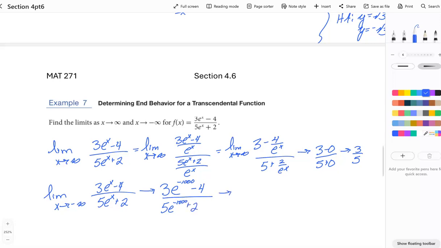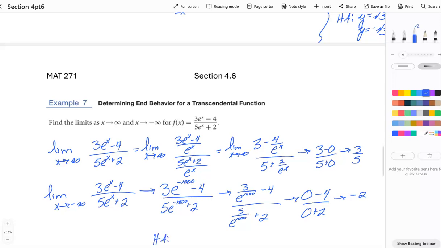And if I have a negative exponent, isn't that the same thing as moving that term to the denominator? So think about this guy, we're smaller, negative 1 million, negative 1 billion. Then that denominator is going to get larger and larger, so that piece is going to 0. So this is going to 0 minus 4 over 0 plus 2, which is heading to negative 4 over 2, which is a negative 2.